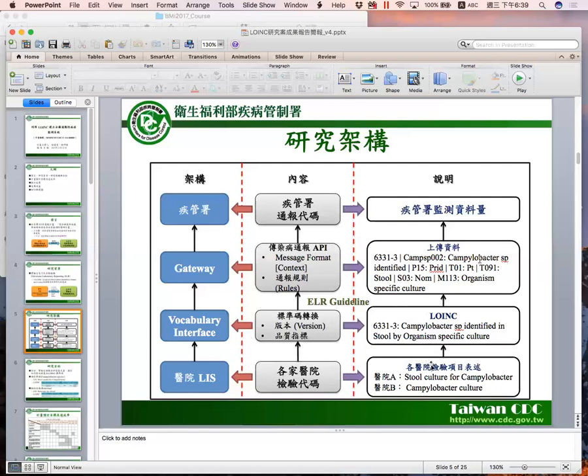When the hospitals do the LOINC mapping, we will evaluate. After they have some common problem, we will try to decide which is the best way. Then we will produce a guideline and send it to CDC.